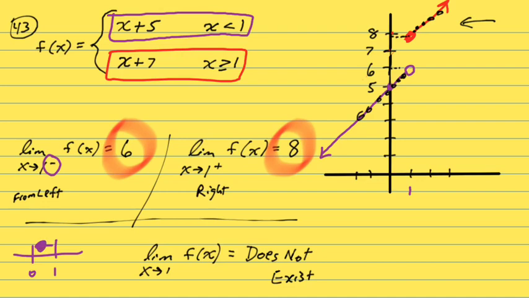Is it less than 1 or bigger than 1? So plug a 1 into there and you get out a 6. From the right, if I'm at the right of 1, is that bigger than 1? So plug a 1 into that one and you get an 8. So you don't necessarily have to graph them.